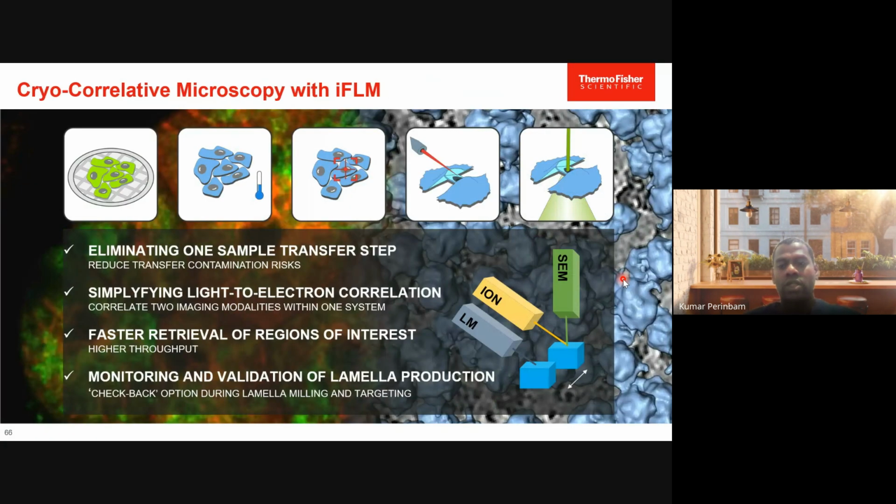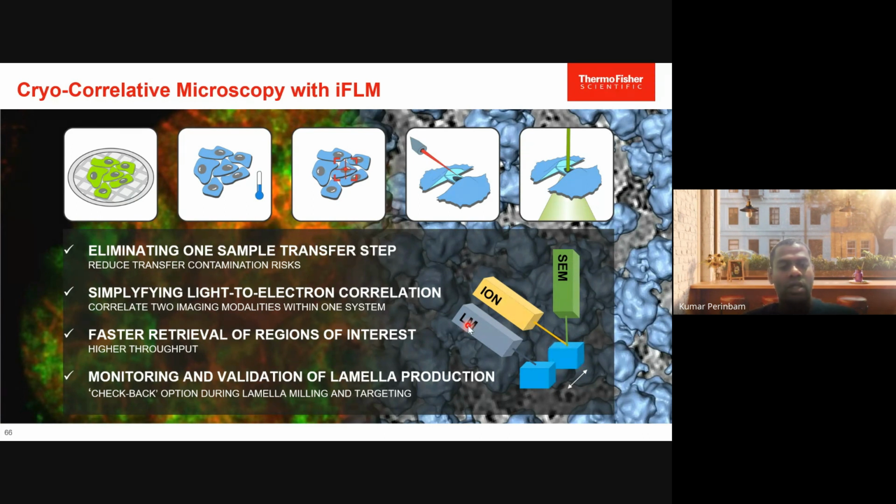So basically, it was like this. There is an SEM, a scanning electron microscope, which creates very high resolution images. The ion is the plasma ion FIB milling system, which helps you.